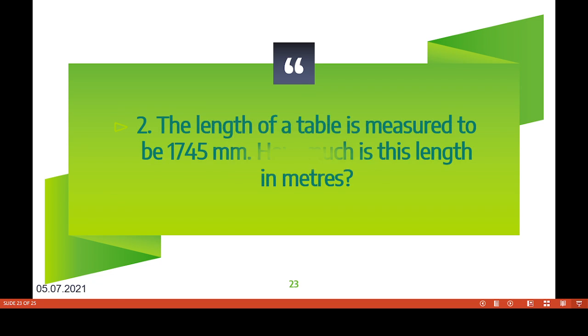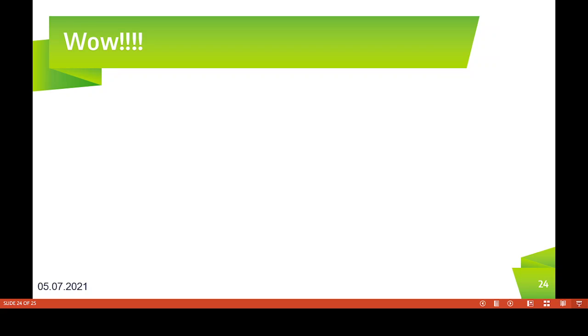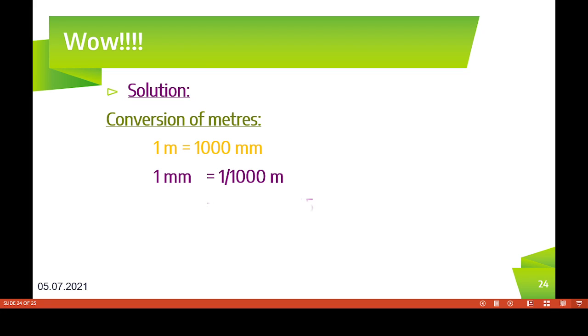Now the second question. The length of a table is measured to be 1745 millimeters. How much is this length in meters? Now we have to do conversion to meters. First you have to write the solution, conversion to meters. 1 meter is equal to 1000 millimeters.